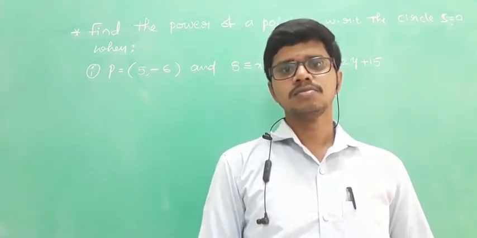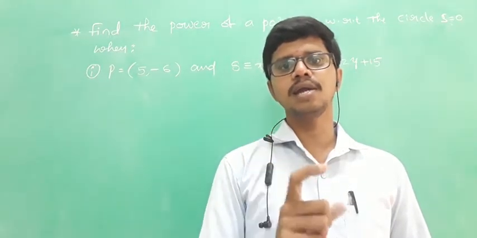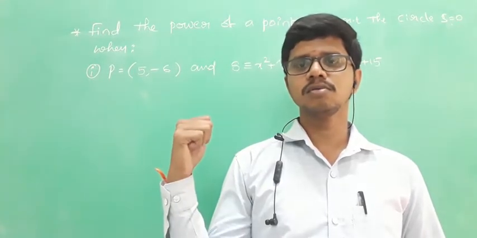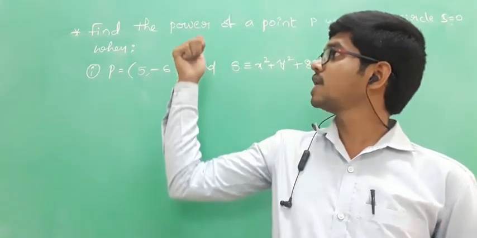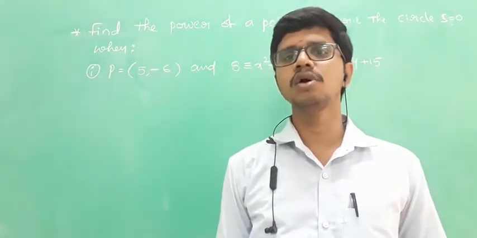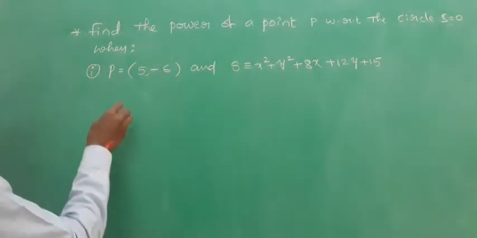Okay, the difference of the squares of the distance from the center to the point and the radius of the circle. In this video we have to find the power of a point, which means we just have to find the value of S11. Okay, so let us see how we can solve it.